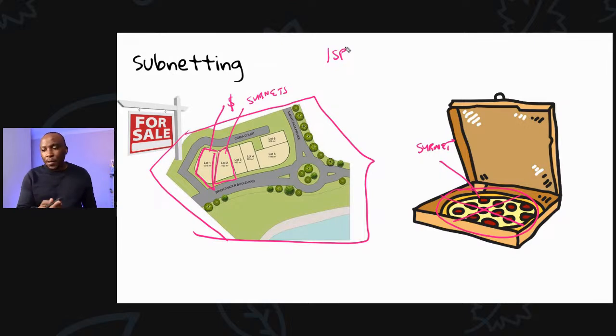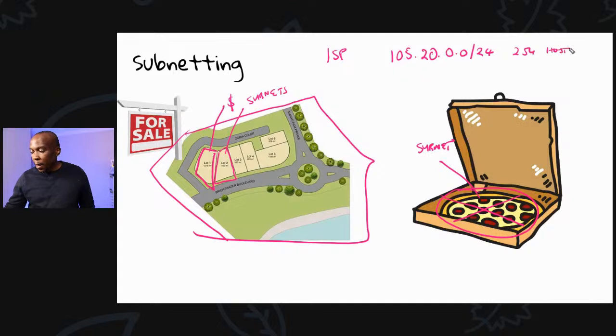They might give you something like this, 105.20.0.0/24. So they'll give you a /24 block, which has about 254 hosts. And then you will subnet this into smaller chunks in order to cater for different needs for your organization.